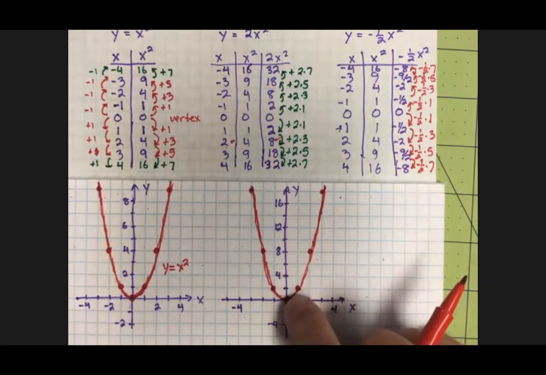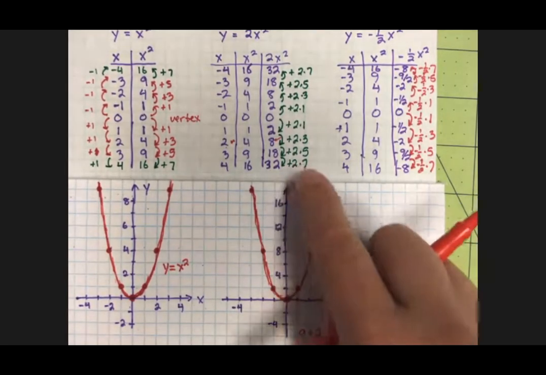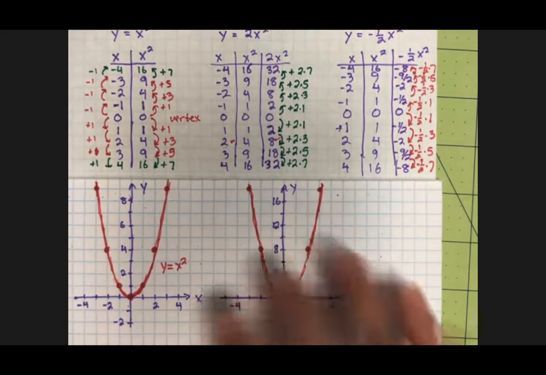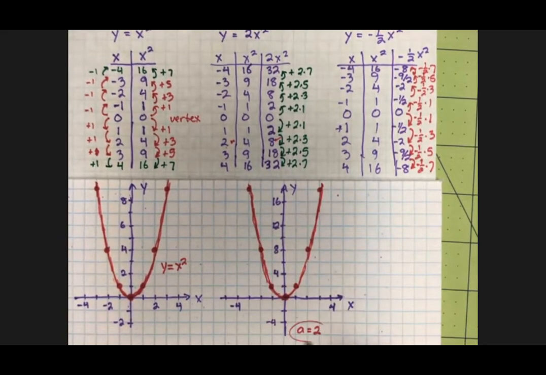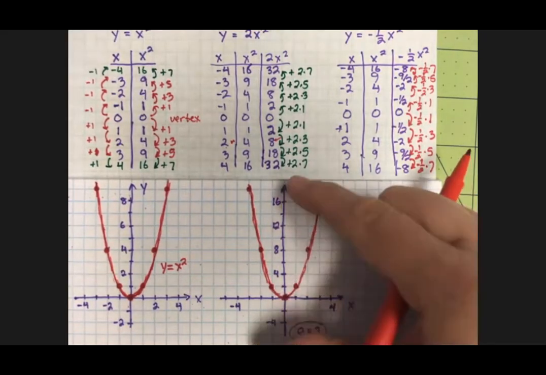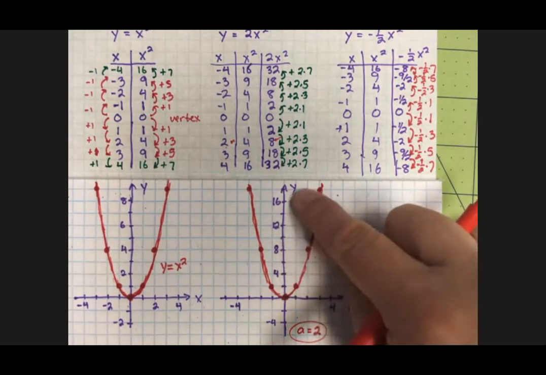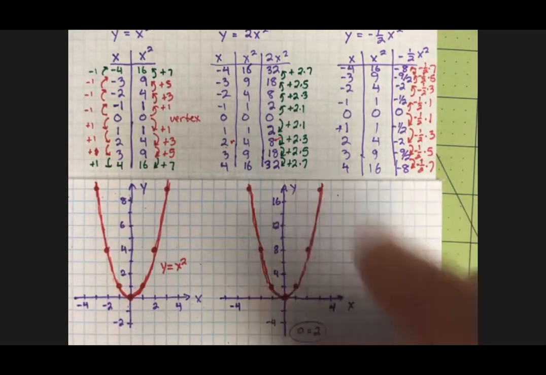I did not have any intention of counting to 32 boxes. I would have run out of paper, even if I'd used my whole piece of paper. But since the A was 2, I said, okay, maybe I could scrunch this person down by counting by twos on the x-axis. So here's a really important trick.